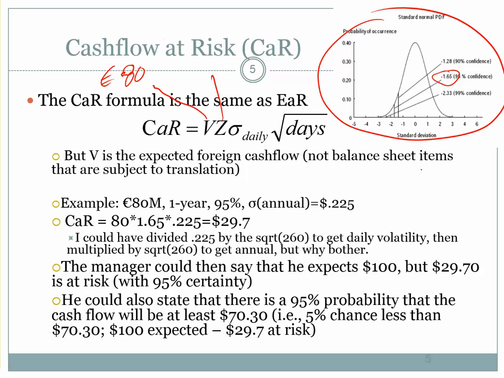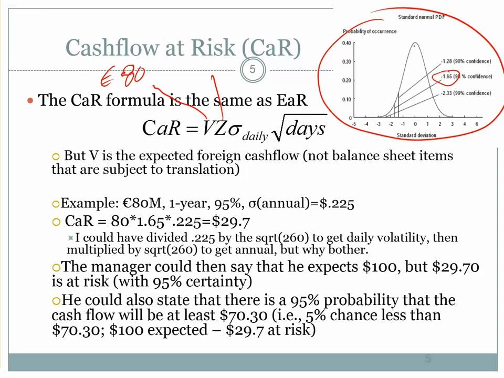And the interpretation of that is a one-tailed test: if price changes of the exchange rate are normally distributed, you would not expect to see a 1.65 standard deviation change or more against you, an adverse 1.65 standard deviation change.